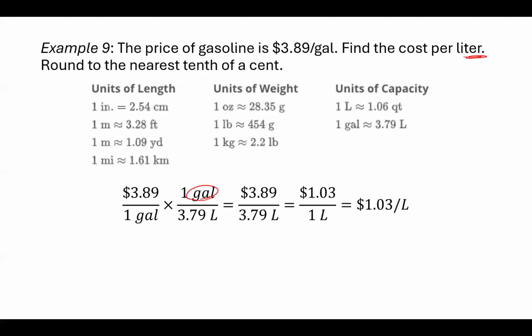So in my units, I'm going to look for something that relates gallons and liters. And where is this one? Right here. Units of capacity, because this is liquid. 1 gallon is approximately 3.79 liters. So I put the 1 next to the gallons. Why do the gallons need to be on the top? So that these cancel with that.